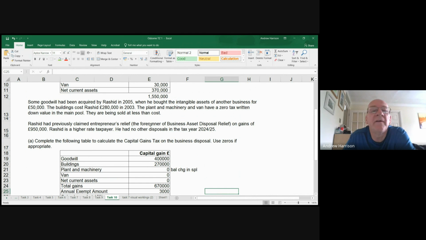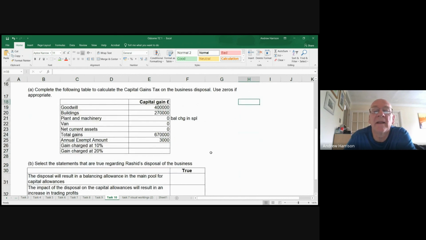So as he's already claimed £950,000, or the equivalent of it in percentage terms on a slightly different version of it, he can only claim the last 50,000. So make sure you answer the right question. It's not 50,000 at 10%. It's the gain. And the rest of it, the 670,000 minus the 3,000.